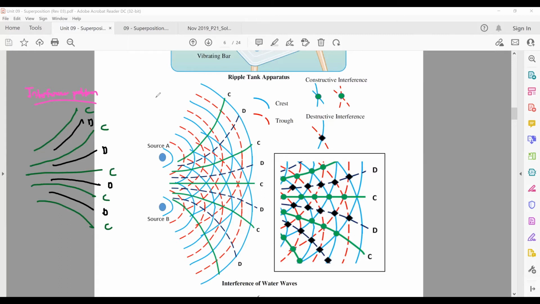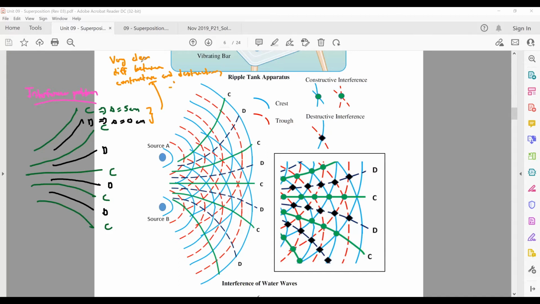If I told you that the region of constructive interference has an amplitude of say 5 centimeter, and the region of destructive interference has an amplitude of 0 centimeter, this one you can say that there is a very clear difference between constructive and destructive.